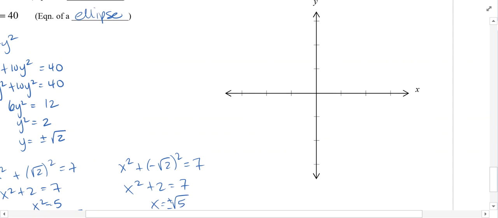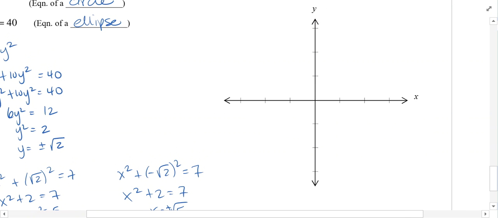Okay, so the first equation, x squared plus y squared equals 7. So it's centered at 0, 0. The square root of 7 is like 2.6, 2.5. So I'm just going to go, for graphing purposes, just so I can graph it the best I can.